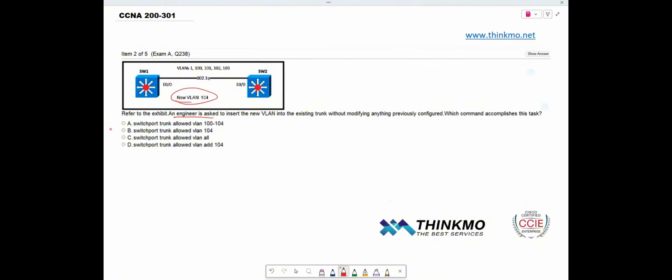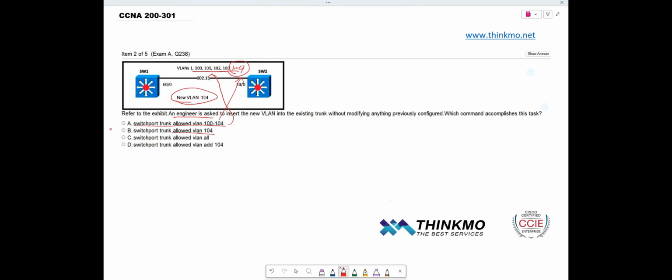When we configure which VLANs are allowed to pass through the switch's trunk port, the configuration method is like this, right? From 100 to 104, this means adding 100, 101, 102, 103, and 104 altogether. But if we configure it like this, it will only include 104. Then all means all VLANs are passed.